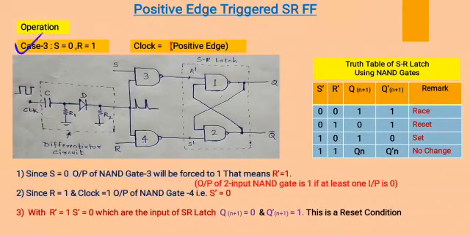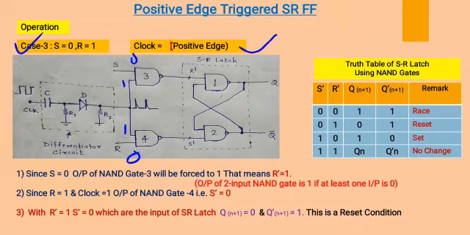Now we will see the next case in which S is 0 and R is 1. Again the clock is having a positive edge. So here now S is 0, R is also 0, and as the clock edge is considered as a positive edge, the second input to NAND gate 3 will be 1 and another input to NAND gate 4 will also be a 1.